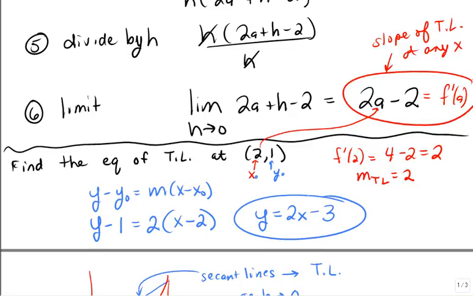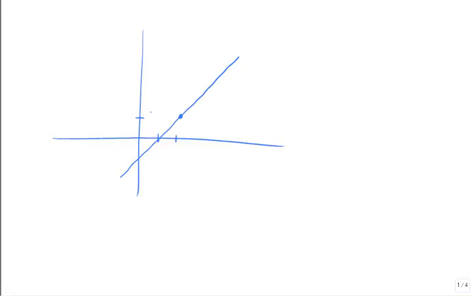And so if I draw a picture of this, okay, at (2, 1), here I am. My slope of the tangent line is 2. Just happens to be, if I draw the parabola, the function was t squared minus 2t plus 1.